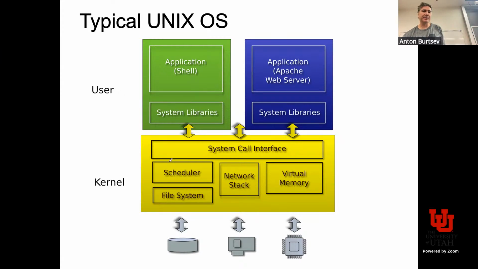You have this layer, which people historically call the kernel or operating system kernel. You have user applications, like Shell and Apache Web Server. They communicate with the kernel, which provides those services through a layer of system call interfaces.